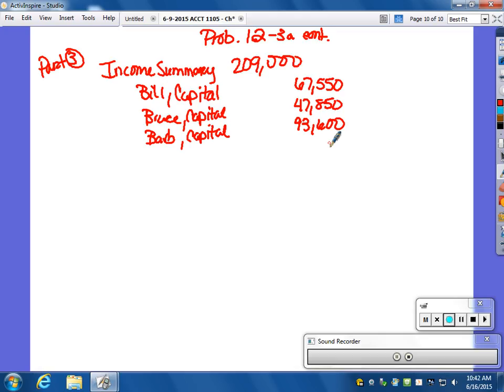What's the normal balance of withdrawals? What side? Debit. So to close it, you have to credit it. So what do we debit? The capital. Which capital, folks? Be thorough. Bill capital, Bruce capital, and Barb capital. What do I credit?